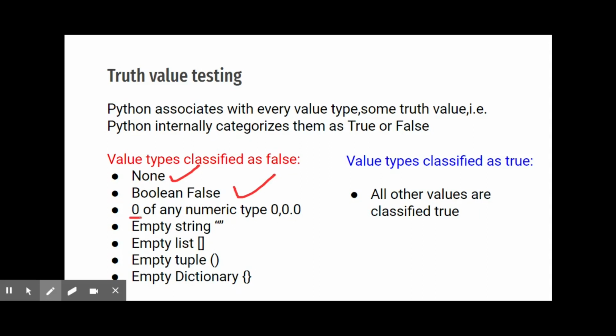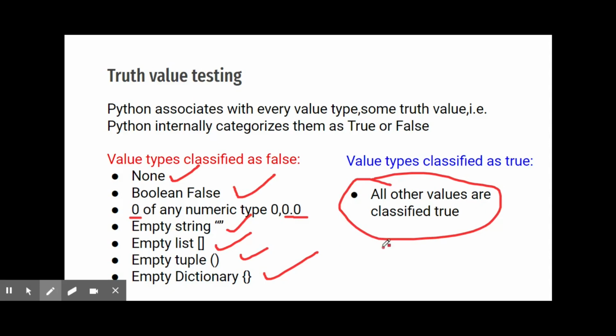The number 0 is false. If you write it in any form, even in decimal form, it is still false. Empty string, empty list, empty tuple, empty dictionary, all of these are classified as false. Whereas everything else other than this is classified as true. So 1 will be classified as true, 2 will be classified as true, 3 will be classified as true, etc.